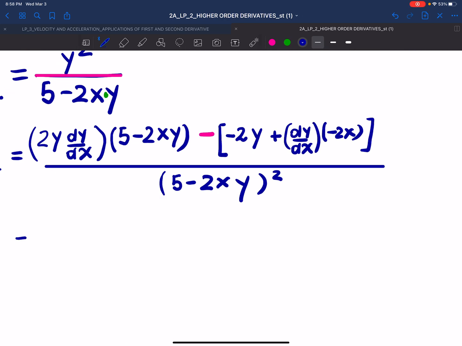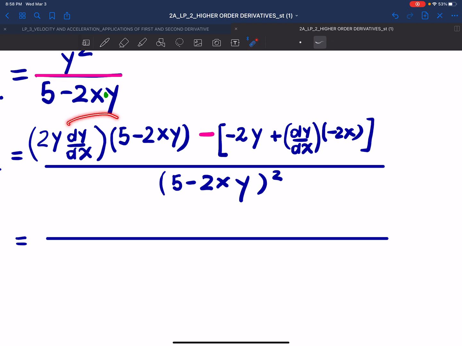So let's simplify a bit more here. We have 2y dy dx multiplying 5, 2y dy dx multiplying negative 2xy, and then we can take this one out and we can take this one out. So I will leave the first term in factored form to start with, which means 2y dy dx times 5 minus 2xy.